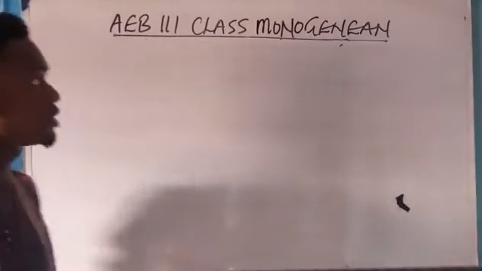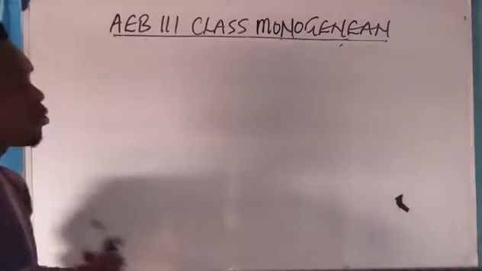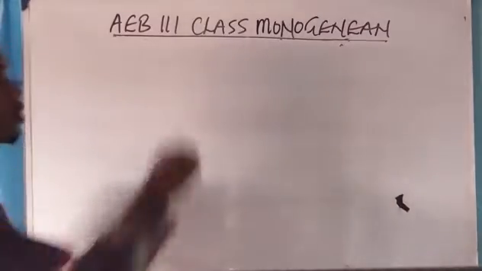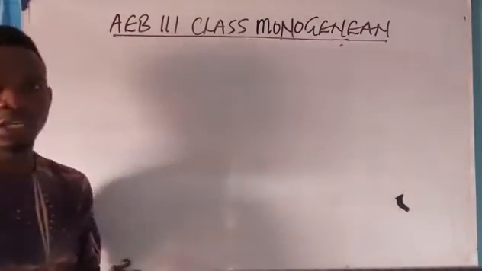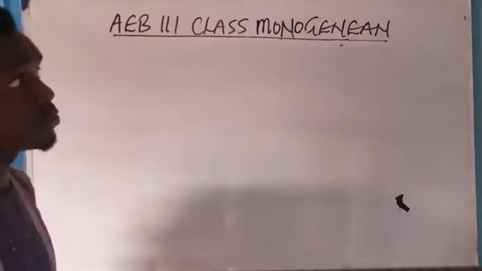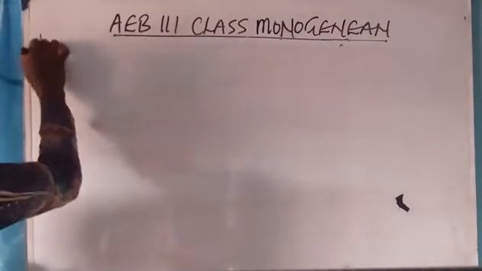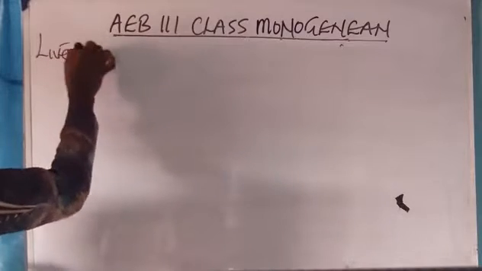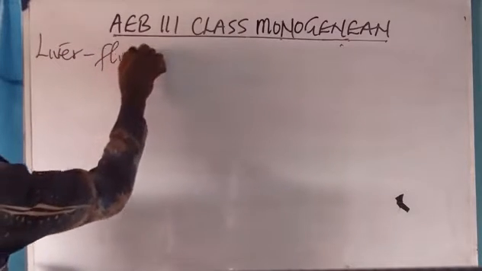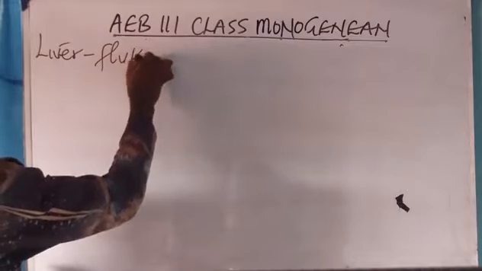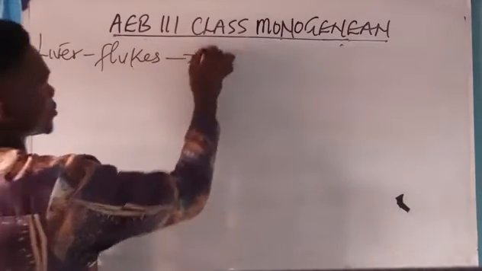Now, let's look at the features of these guys. Nutrition: they feed on blood and tissues of their hosts. Some are found in the liver, and you call these guys liver flukes. Liver what? Flukes. And liver flukes are called what?